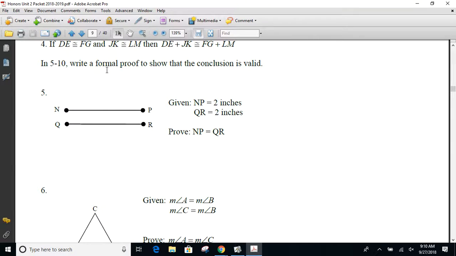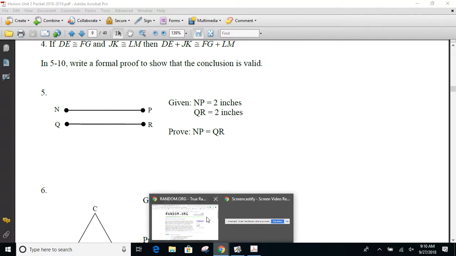This isn't reflexive. You're taking QR and substituting it in for 2 inches. Statement 1 is your givens, and statement 2 will be NP equals QR by substitution. Guys, reflexive is only a quantity equal to itself; these are two different segments. All right, I'll let you go on your own now. Work in your groups, and call me over if you want me to take a peek at your proof or if you're stuck.